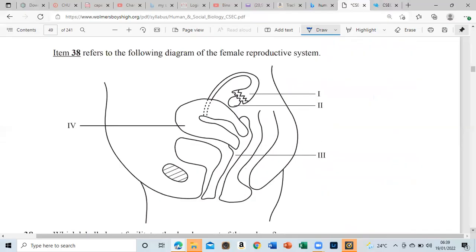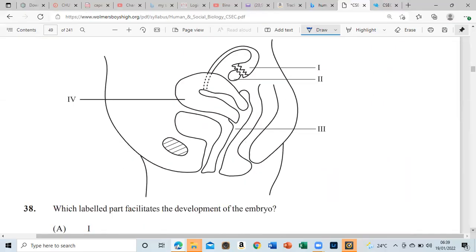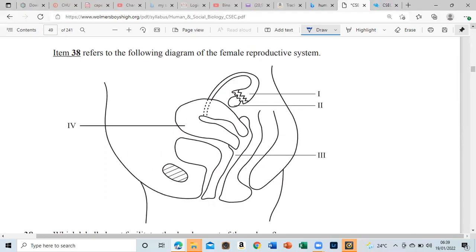All right, let's move on to 38. If I just find the diagram of the female reproductive system, let's see what they ask us. Which labeled part facilitates the development of the embryo? See the options?